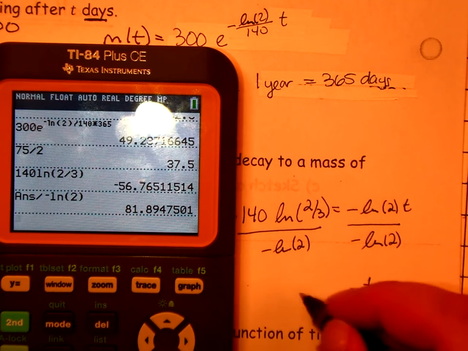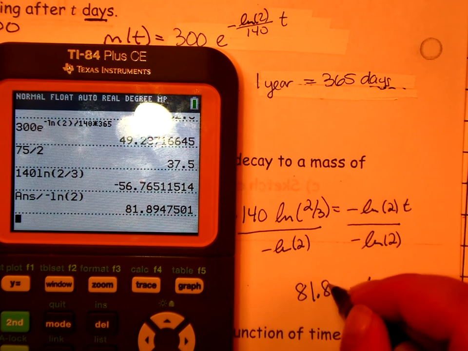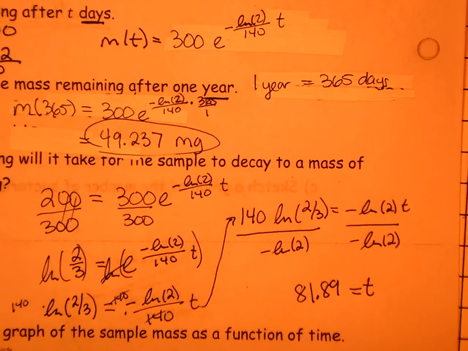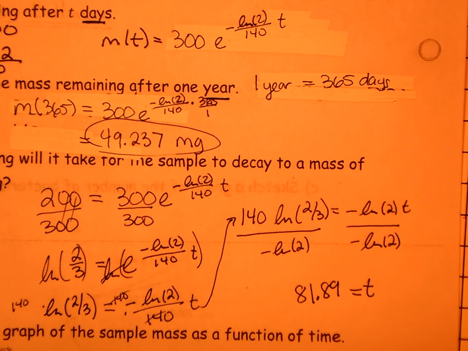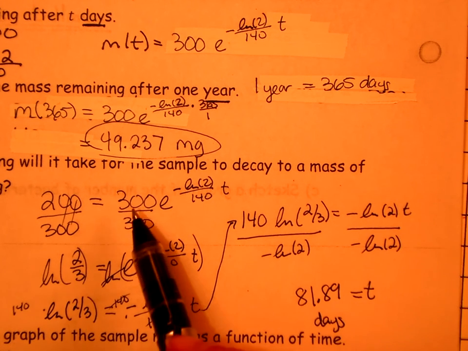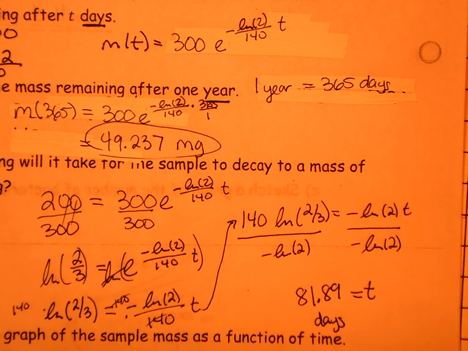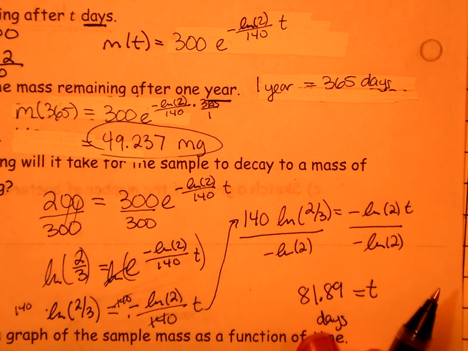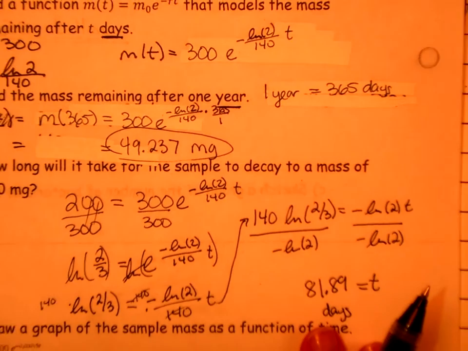And I get 81.89. So t is our time interval, and our time interval is days. So it's going to take 81.89 days for 300 milligrams to decay to 200 milligrams. And that does make sense.